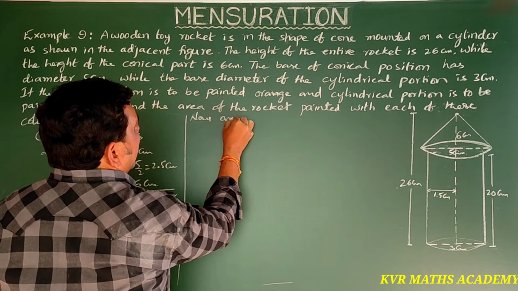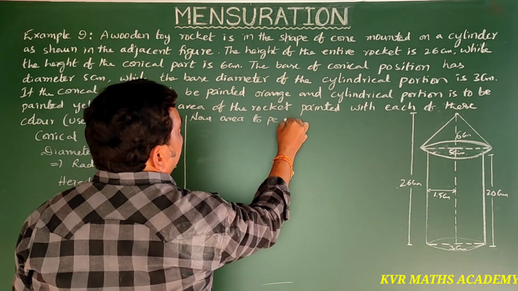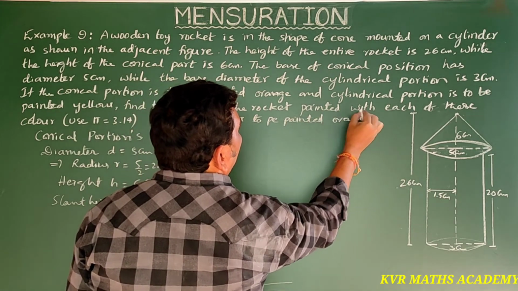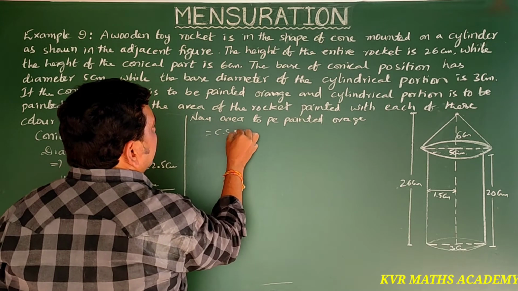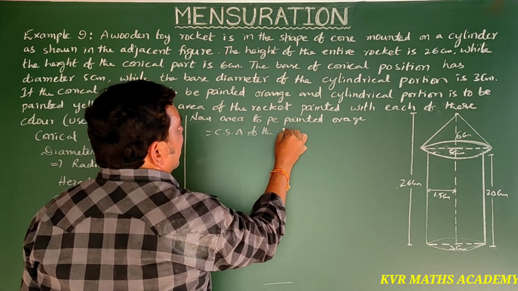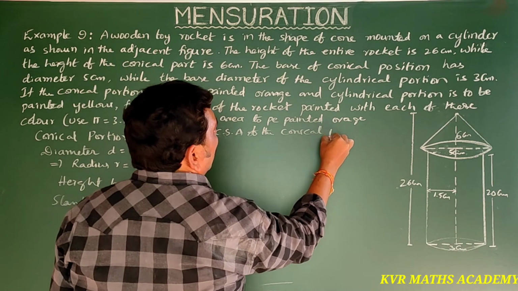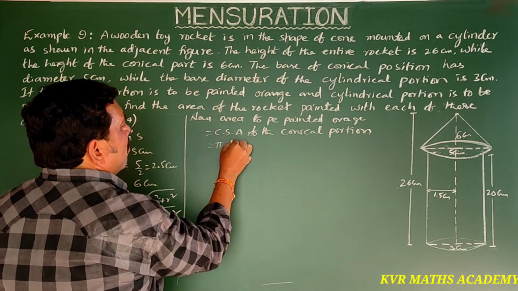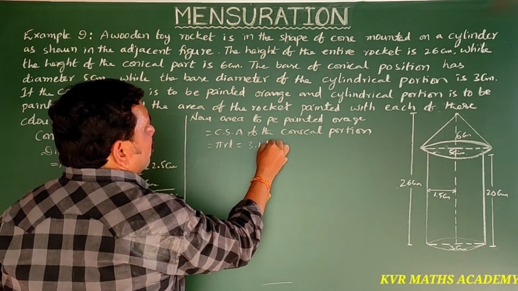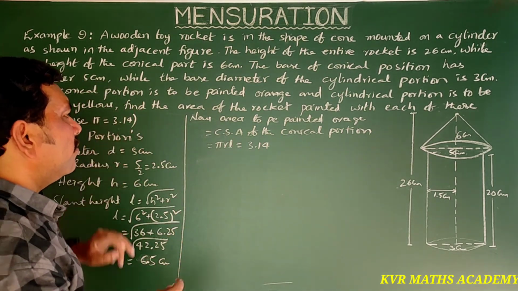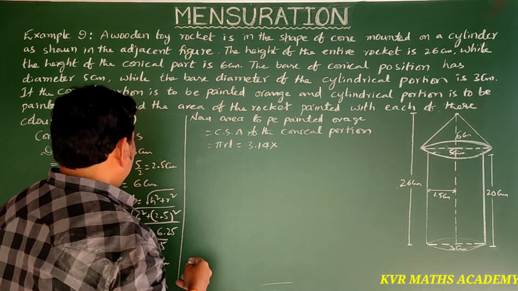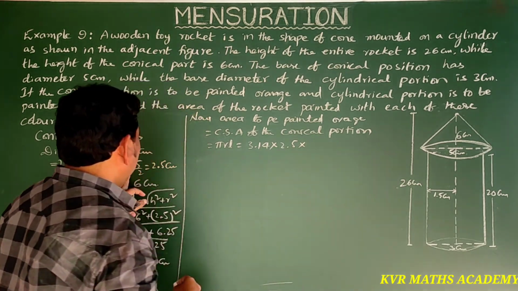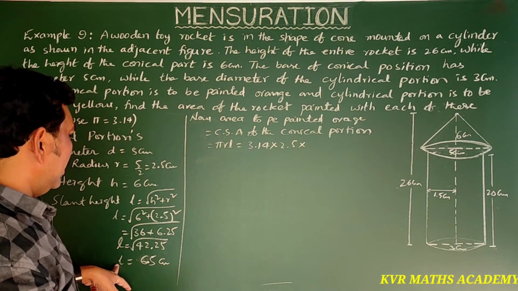Now the area to be painted orange is equal to the CSA of the conical portion. CSA of the conical portion is pi r L. Pi means 3.14 only, we have to take, into radius 2.5, into L is equal to 6.5.